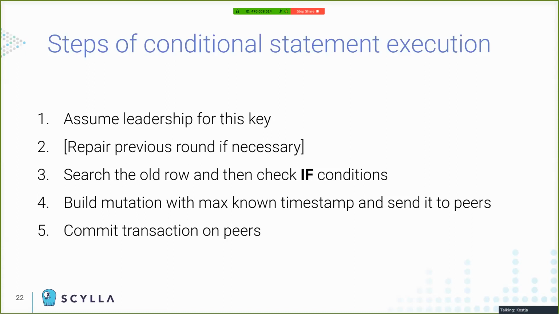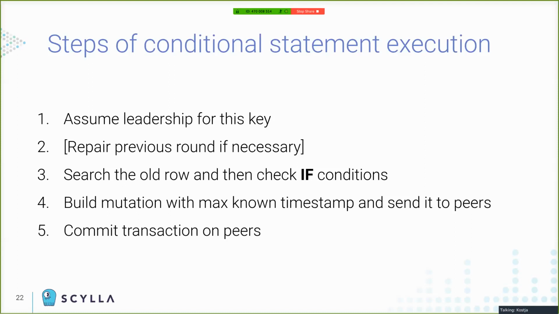This is how we make sure that, for example, conditional batches that modify multiple rows in the partition are applied atomically. The next step is repair that needs to take place if the previous round for whatever reason was unsuccessful. And this is obviously optional.